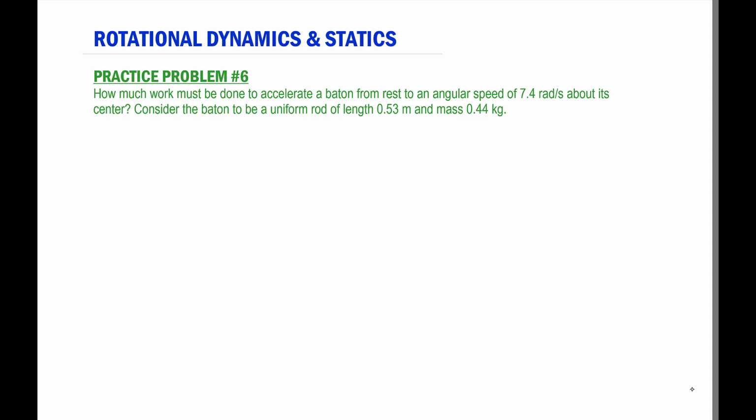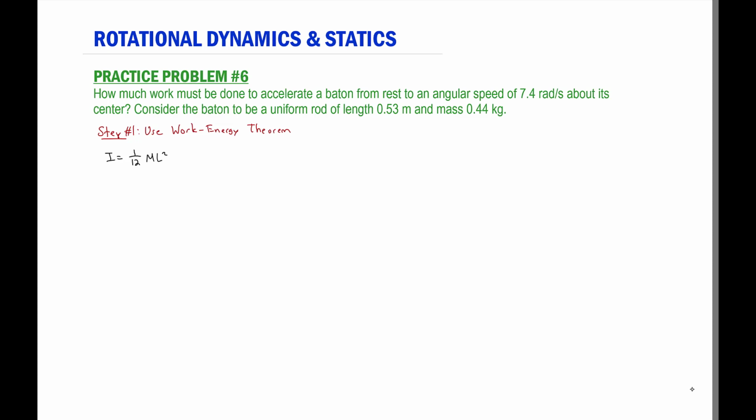So let's start with step number 1. There will essentially just be one step. We want to use the work energy theorem and solve. So once we have our moment of inertia, which is I equals 1 over 12 m l squared, we are also given its final and initial angular speeds.